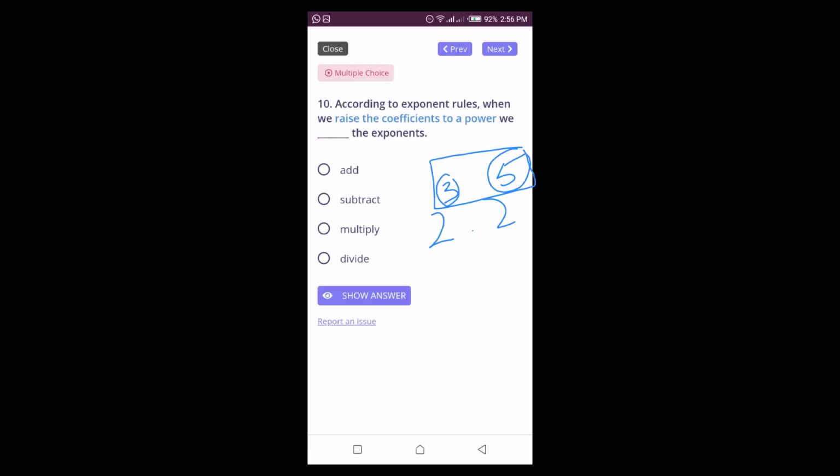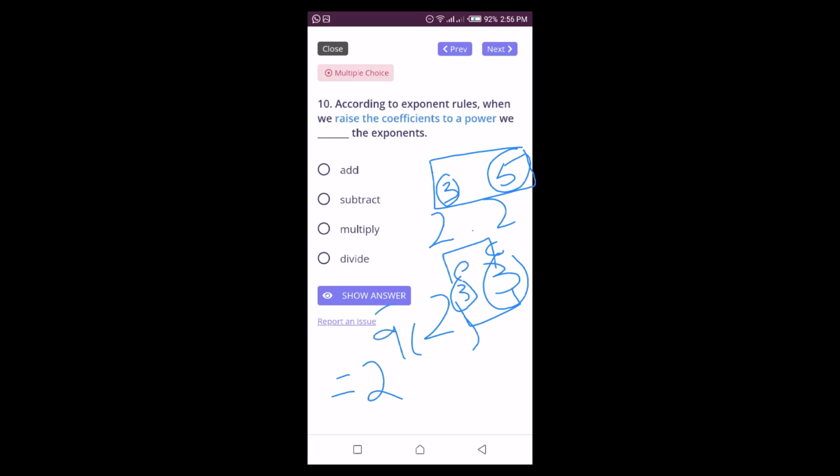Exactly. We are supposed to multiply them because see, it is 2 raised to the power 3, but their whole power is 3 as well. So this 3 and this 3 is kind of coefficient of the whole power. So they are supposed to be multiplied with each other. 3 3s are 9.